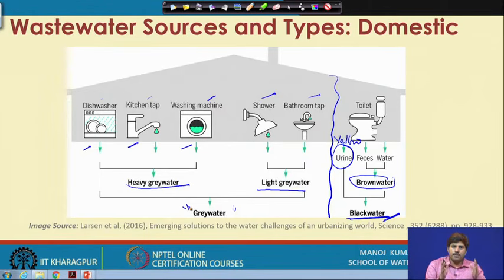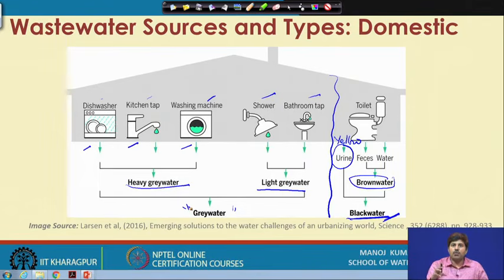So, the pathogens or the microbial contamination, if we measure it in the grey water, is far less, and that is why this is collectively considered as grey water, while the black water has a lot of pathogens in it, a lot of microbial contamination coming in the feces.